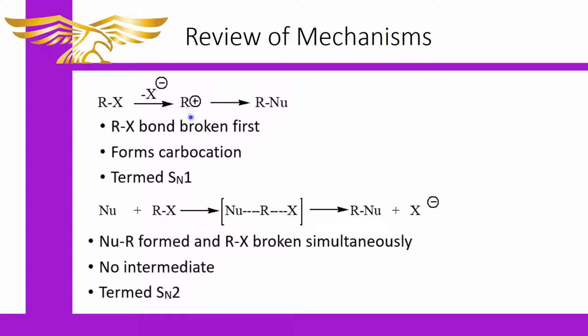And in that process, there is a rate limiting step, and so the rate tends to be governed by formation of the carbocation. A nucleophile can then interact with the carbocation and form a new bond between the two. This forms a racemic mixture.